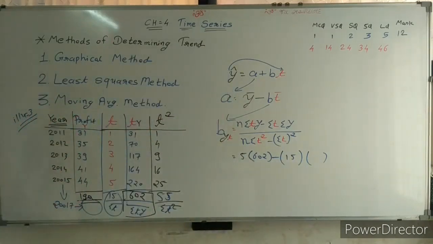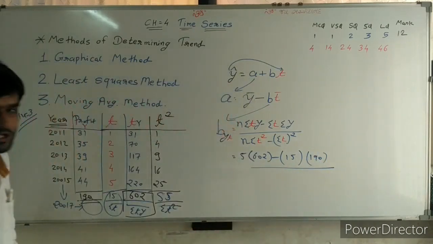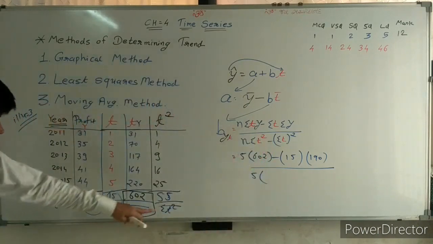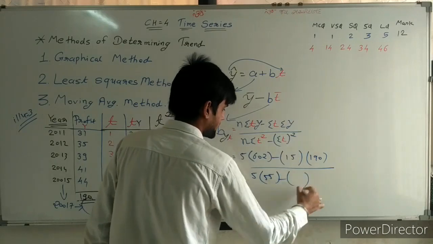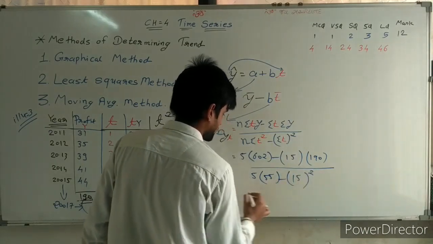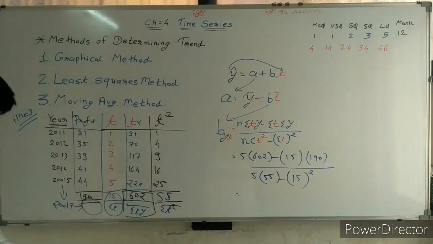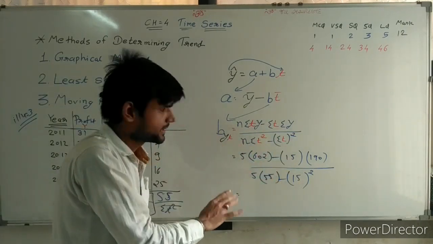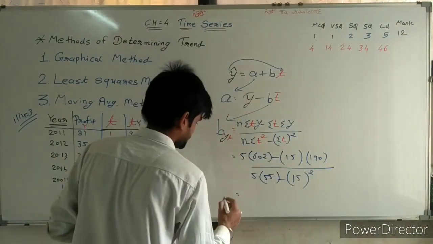Sigma y 190. n is 5. Sigma t square 55. Sigma t whole square, sigma t 15 whole square. Simple. Now, solving it, you can solve this yourself and you will find the value of b. And the b value is 3.2.